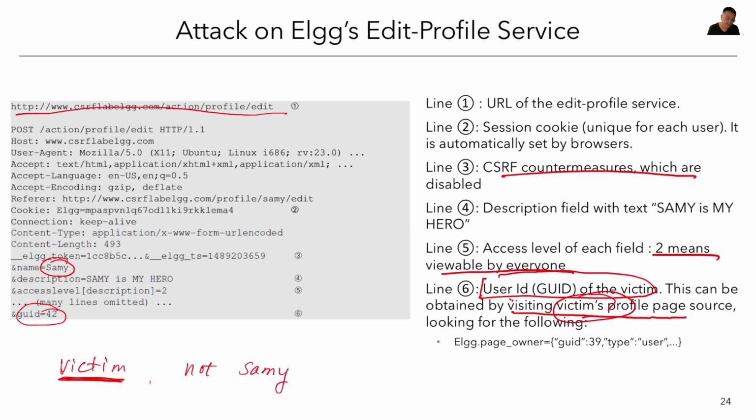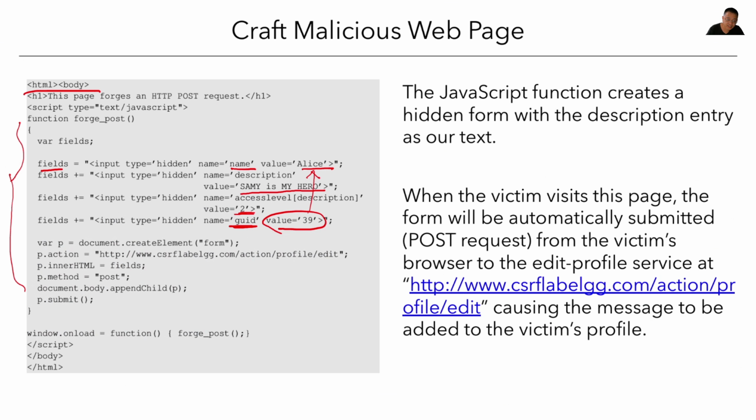We try to edit its own profile, and we look at the request. So this will be a name equal to Sammy, and the GUID will be 42. But here in this attack page, we need to use the name of Alice, and the GUID will be 39. Of course, in your project, you need to find out those values, right, by your own.